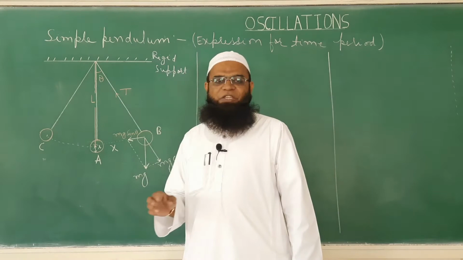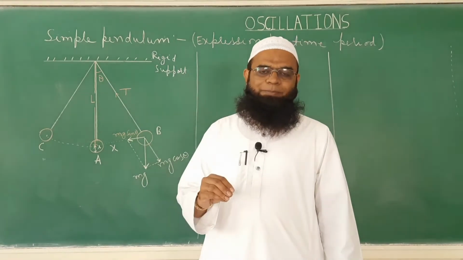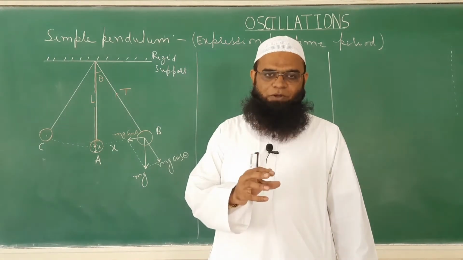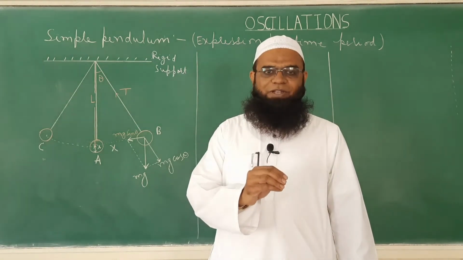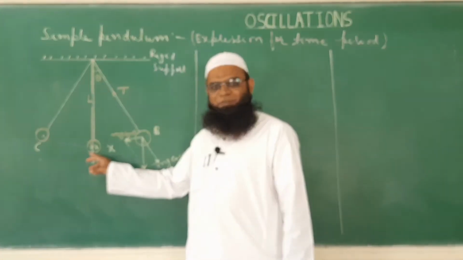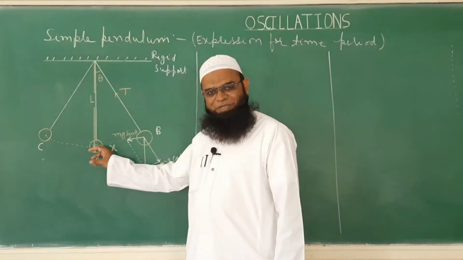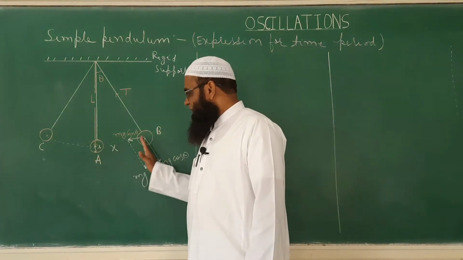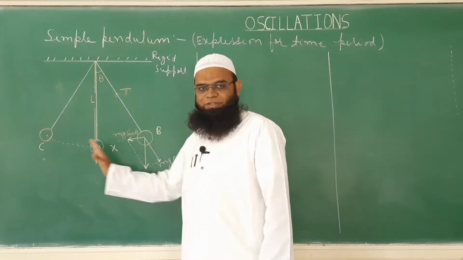Here one thing should be taken into account: the oscillations which we give to the bob should be small, the amplitude of oscillation should be small. So here we have displaced this bob from its mean position and then released it. This bob is performing oscillations.